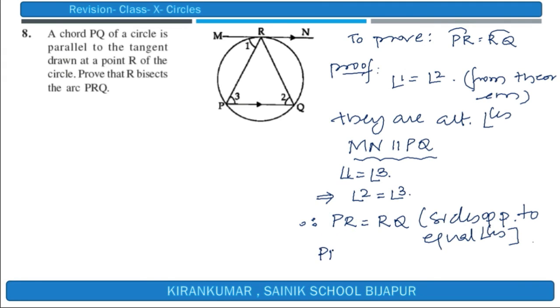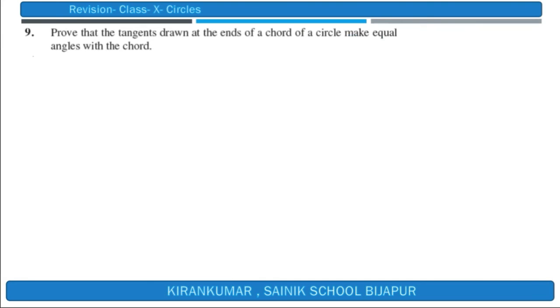So the arc PR will become equal to the arc RQ. This proves that R bisects the arc PRQ, hence proved.